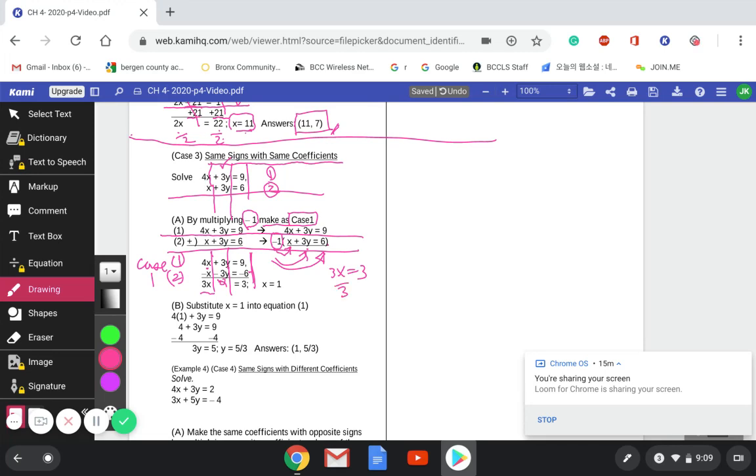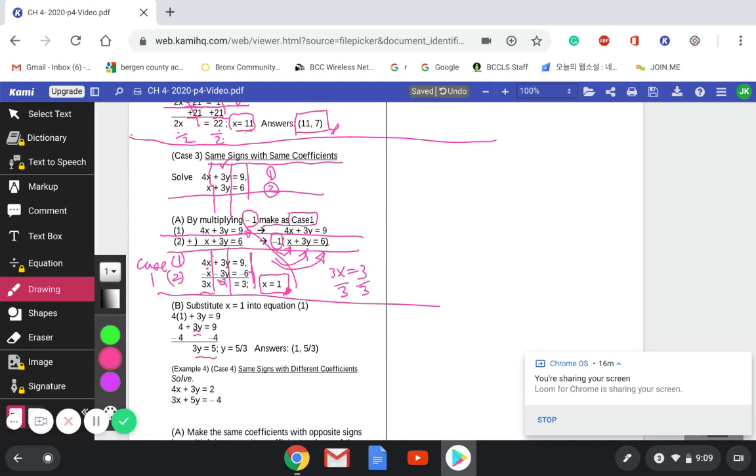And you divide both sides by 3 to solve for x. You get a value of x as 1. That's step 1. Step 2, substitute this value x as 1 into the original equation. So 4 times x, but you replace x as 1, plus 3y equal 9. So 4 plus 3y equal 9. To solve for y, you move 4 to the other side by subtracting 4 from both sides.